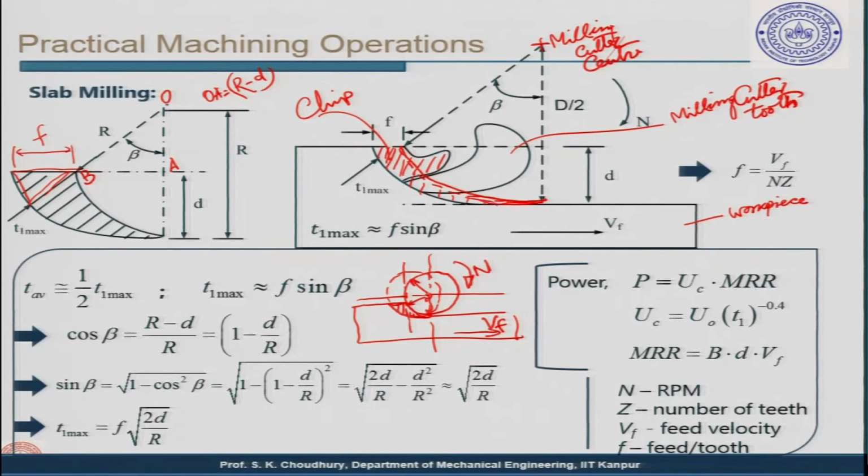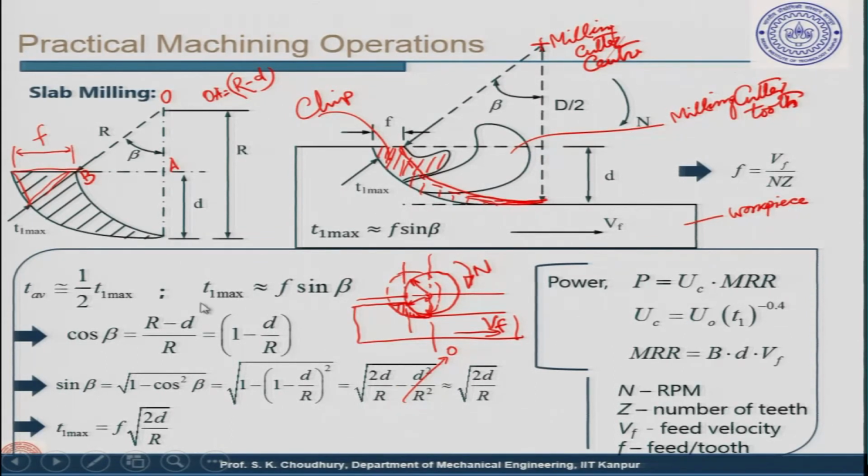So, cos beta is O A divided by O B. So, this is (R minus D) by R, which is 1 minus D by R, and sin beta is equal to root over 1 minus cos square beta, and cos beta is this. So, therefore, this will be root over 1 minus (1 minus D by R) square. From here, if we ignore the value of D square by R square, let us say this is equal to 0, because it is very small, this will be approximately root over 2 D by R, all right.